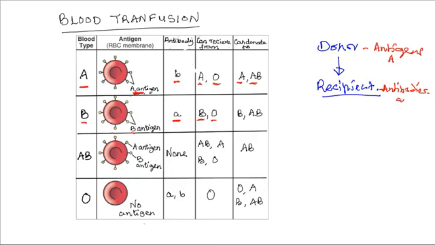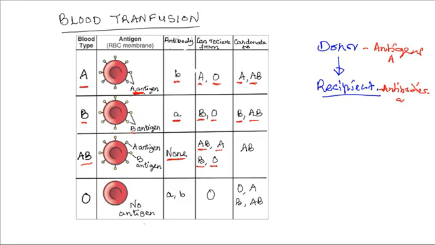Blood group B can give to another B, of course, and can also give to AB, because AB does not have antibodies to react with the B antigen. Blood group AB does not have any antibody, meaning that it can receive from AB, can receive from A, can receive from B, can receive from O, because it has no antibodies to react with the donor's antigen.